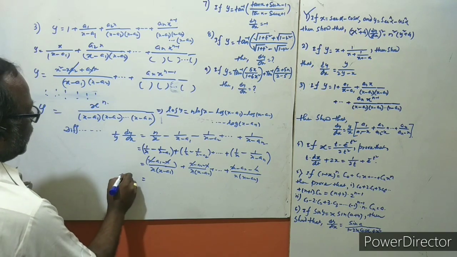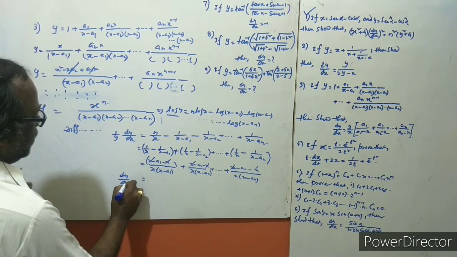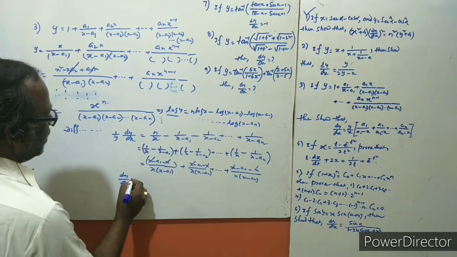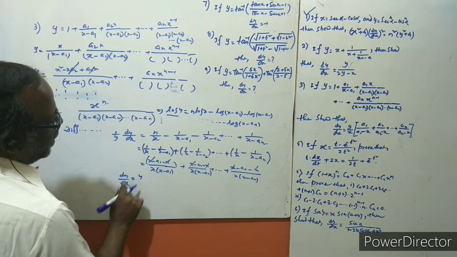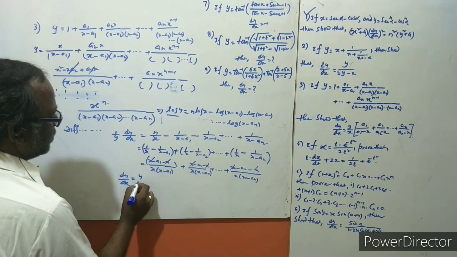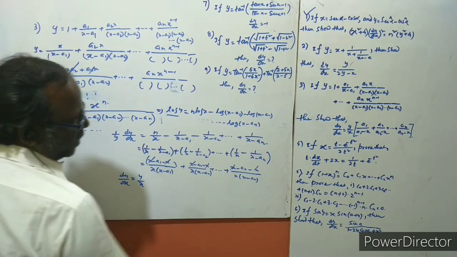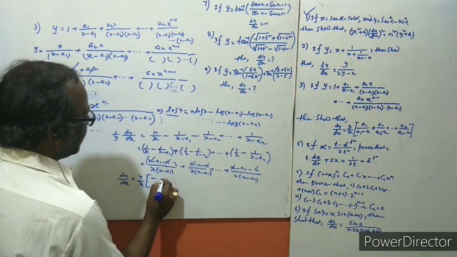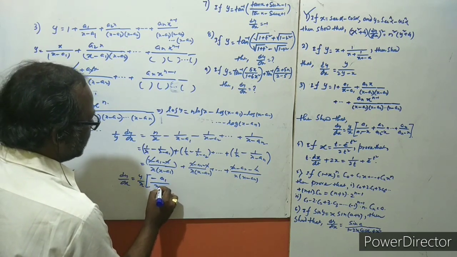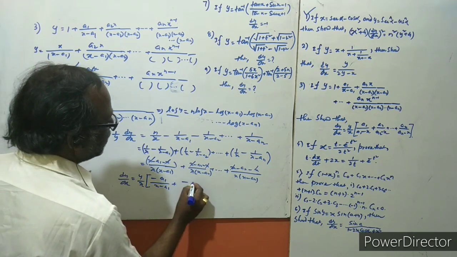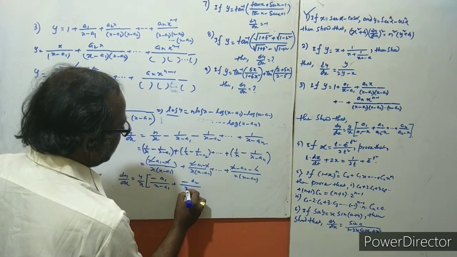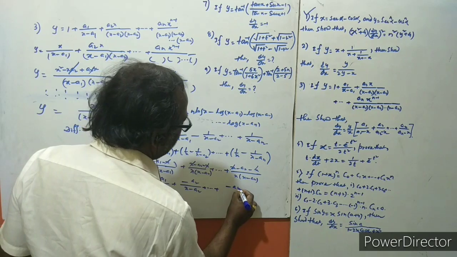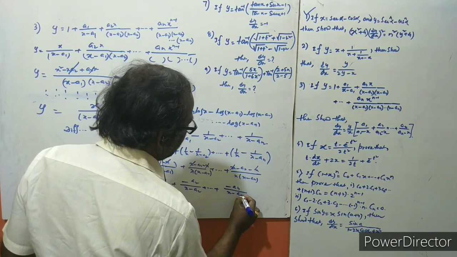So now dy by dx is 1 by y. So y is shifted to the right hand side like that, and take a common x on each term. So we get y by x. See, match with this. So now this is minus a1 by x minus a1, again plus minus a2 by x minus a2, and minus an by x minus an.